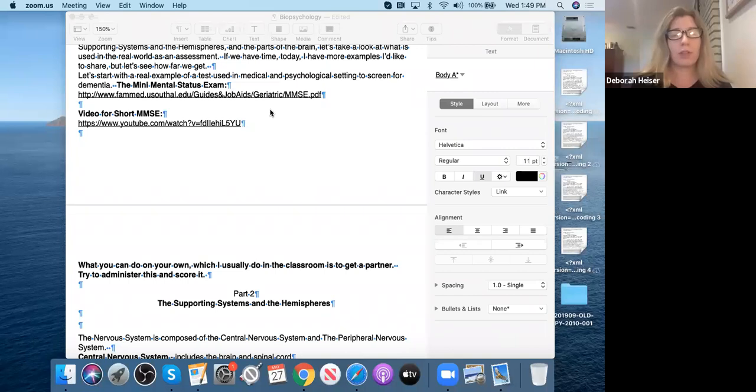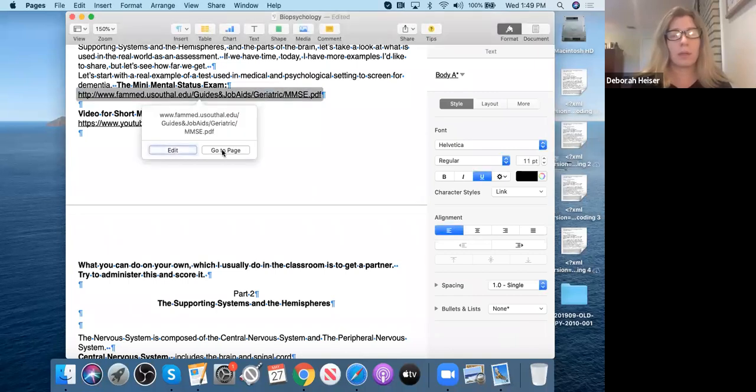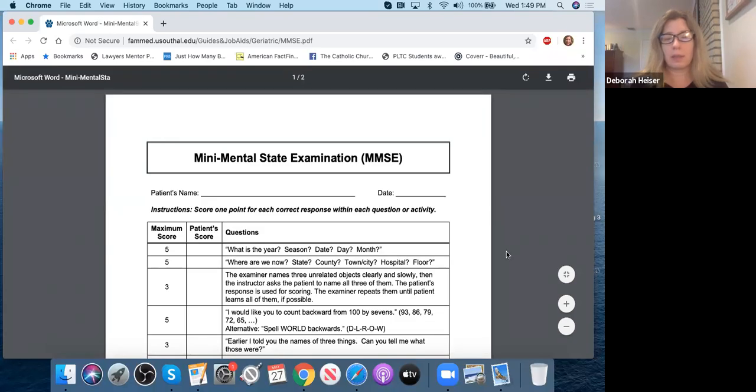So I'm going to share my screen, and I'm going to show you the Mini-Mental State Exam. This is used all the time in doctor offices and in other settings by professionals to screen for dementia or brain functioning. So here we go. I'm going to see if this link works. Hopefully, yes, it does. Good.